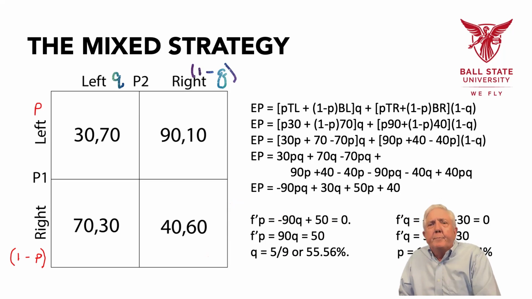If either player deviates from these percentages, and the other player does not, then that player that deviated will get a lower score and is less likely to win. And so this is how we solve mixed strategy problems.